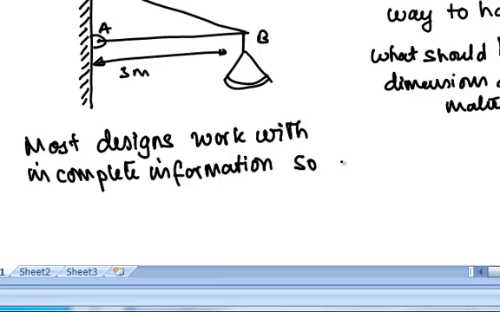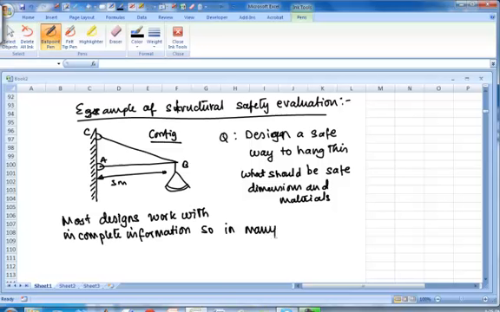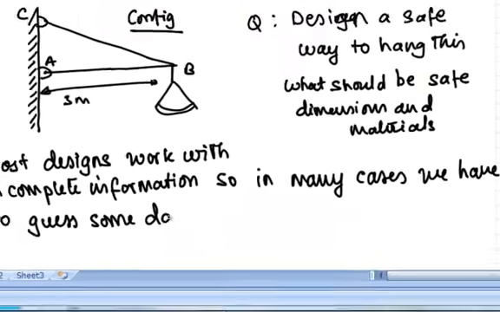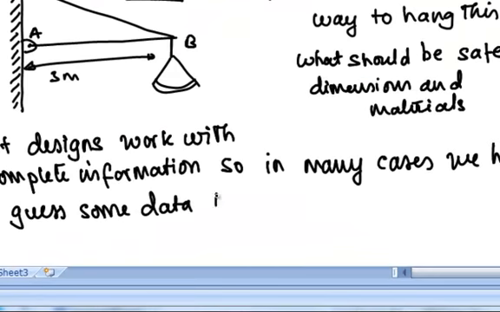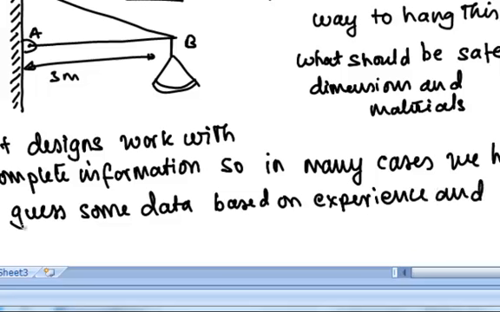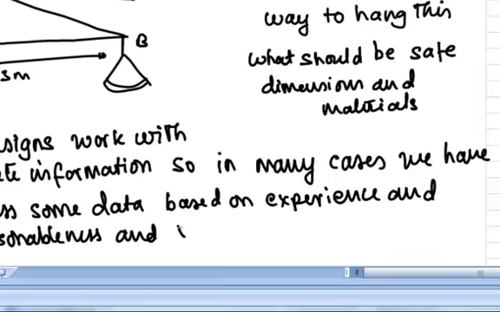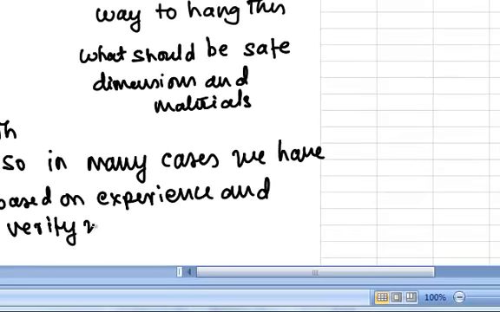So in many cases, we have to guess some data based on experience and reasonable ideas, and verify whether that will work.